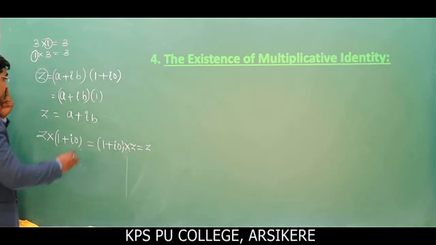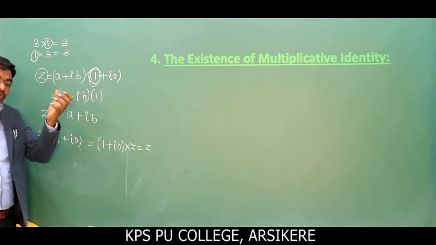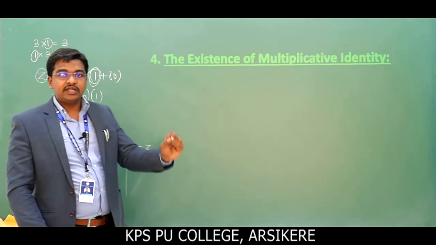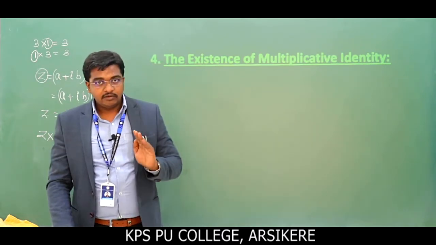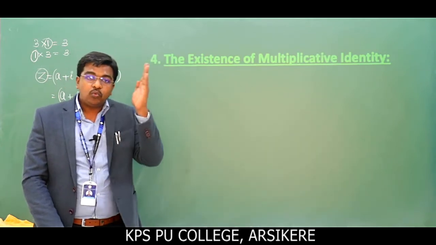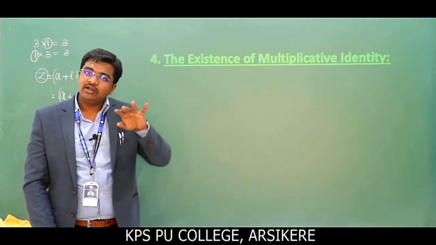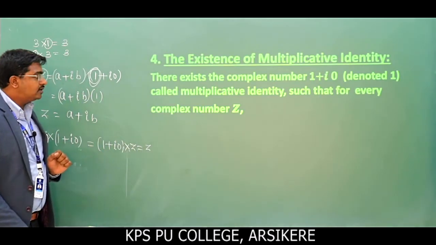Multiplicative identity is 1, or 1 plus i into 0. For any complex number, if I multiply by 1 plus i into 0, we get the same number. 2 plus 3i ಇದೆ. Multiply by 1: if I multiply 1 to 2 plus i into 3, again we get the same number, 2 plus i into 3.